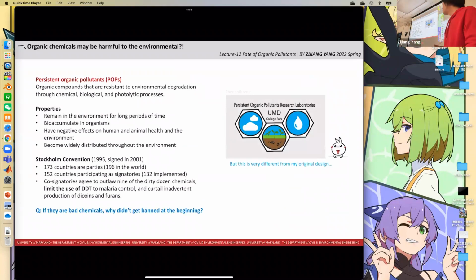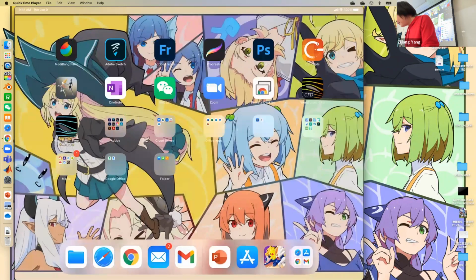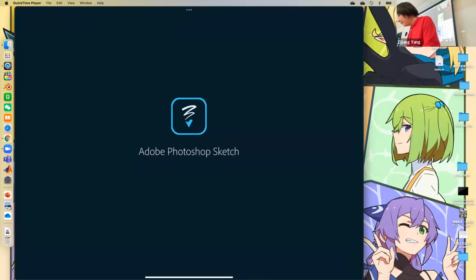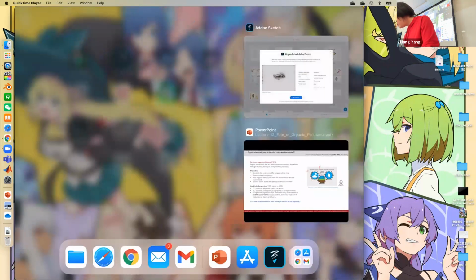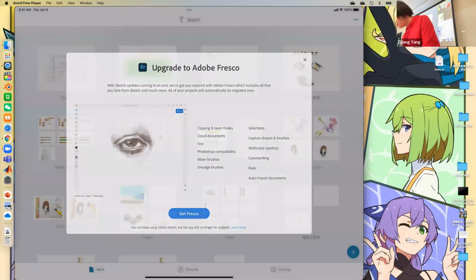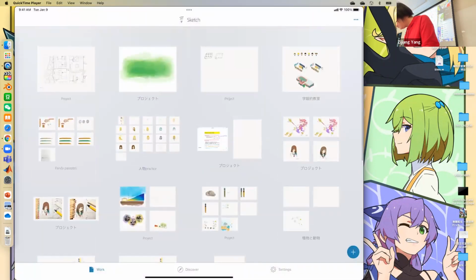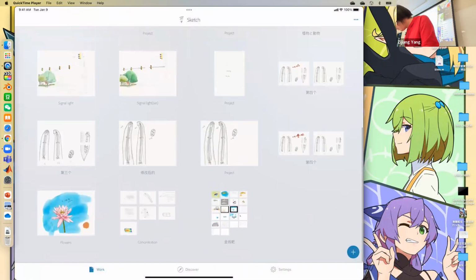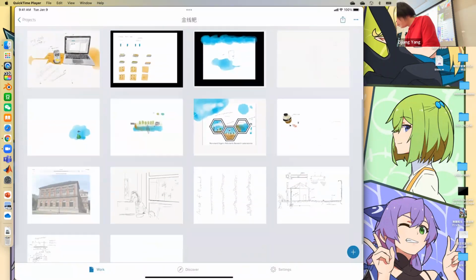So I want to talk more about POPs because the lab I'm working in, Dr. Torrance's lab, is the POP lab, a persistent organic pollutant research lab. Although this is different from my original design, I guess I can find my original design. Yes, it should be here.